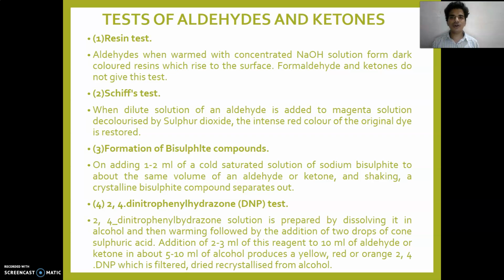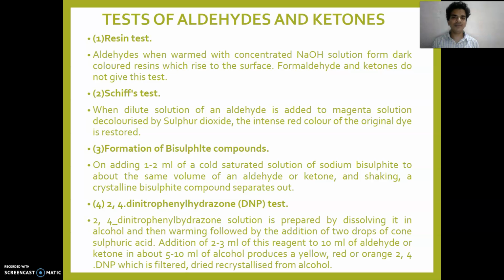Formation of the bisulfite compound: on adding 1 to 2 ml of a cold saturated solution of sodium bisulfite to the same volume of aldehyde or ketone and shaking, crystals of the bisulfite compound separate out. This gives a specific crystalline compound for identification. Next, the 2,4-dinitrophenylhydrazone, that is the DNP test.